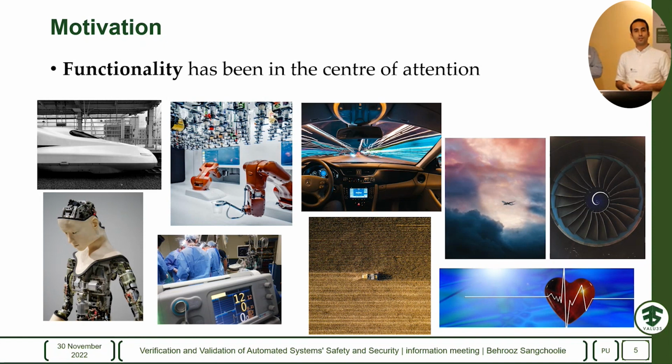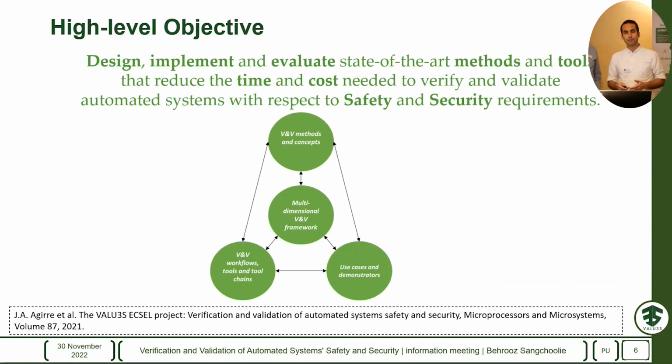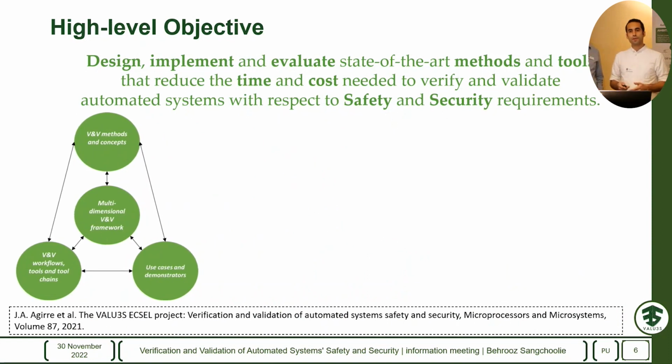This motivated us to start the project by defining a specific objective, which is to design, implement, and evaluate state-of-the-art methods and tools that allow us to reduce the time and cost to verify and validate automated systems with respect to safety and security properties.